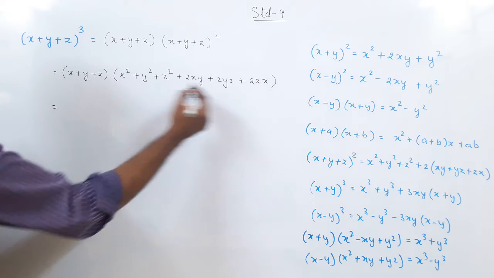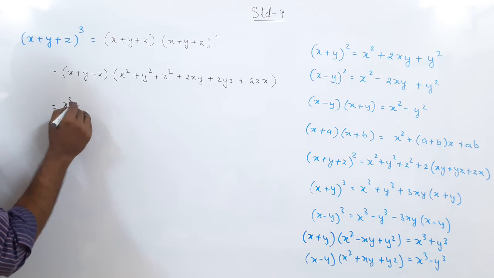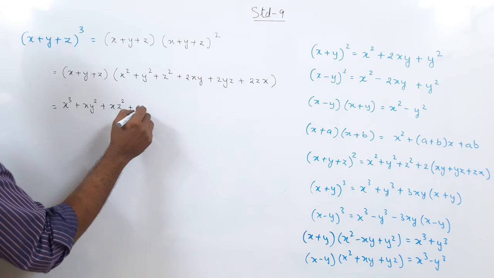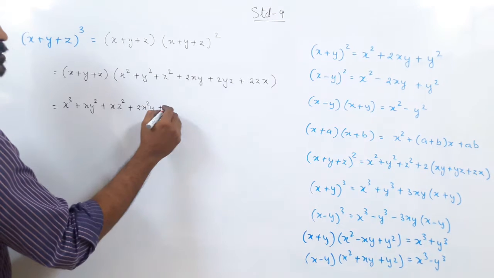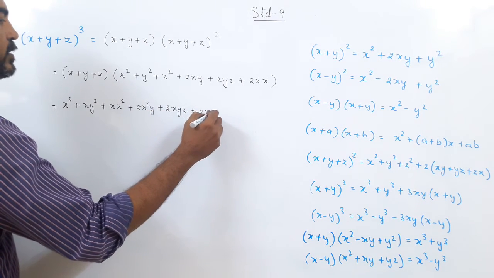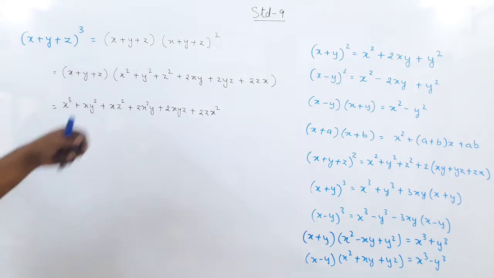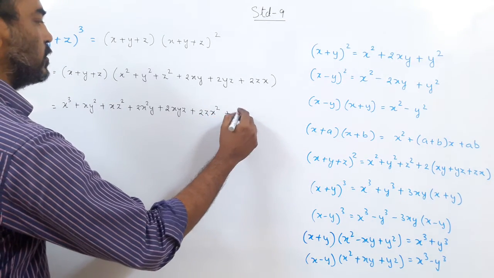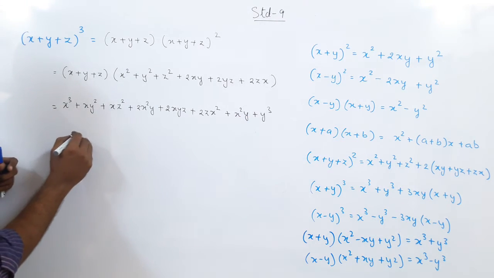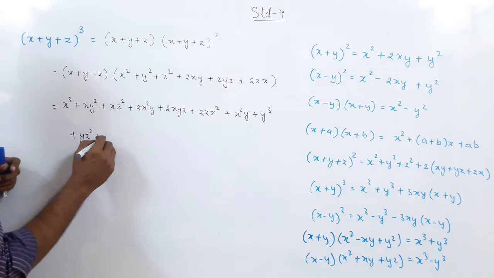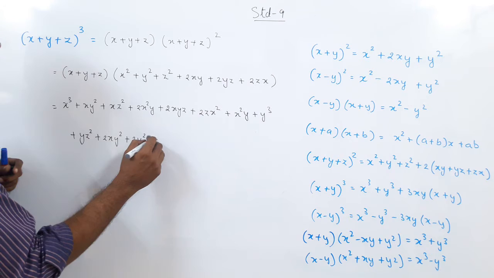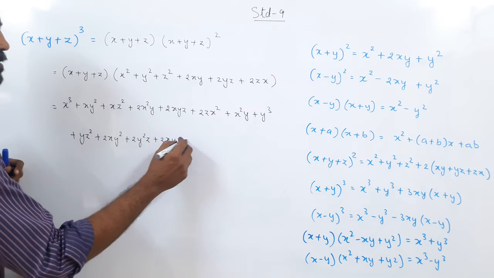So first we multiply x with the whole bracket. So we get x³ + xy² + xz² + 2x²y + 2xyz + 2zx². Right? Now with the y: x²y + y³ + yz² + 2xy² + 2y²z + 2xyz.